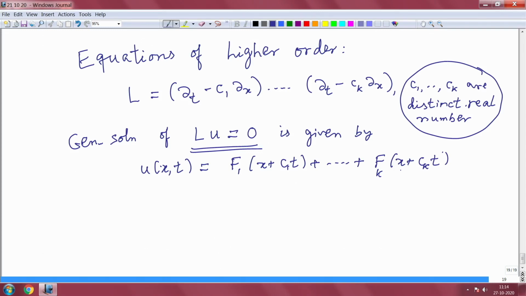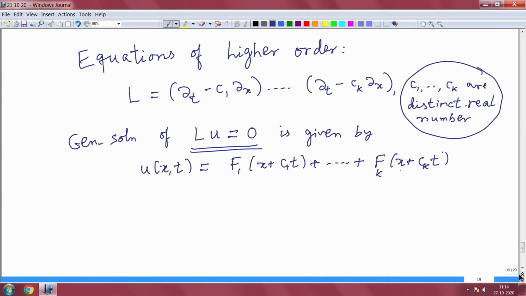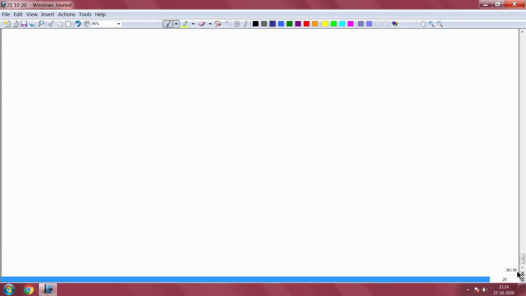So, what about that is with simple characteristics. So this is simple characteristics. What about multiple characteristics? It is a similar thing.